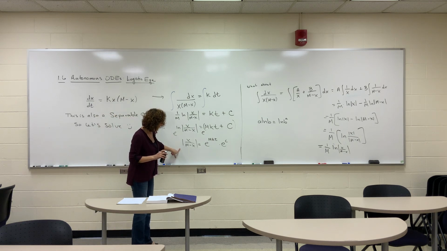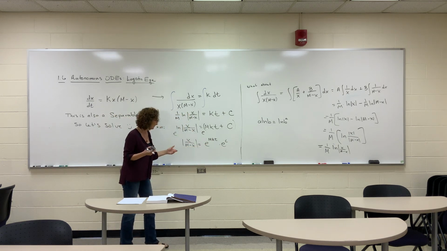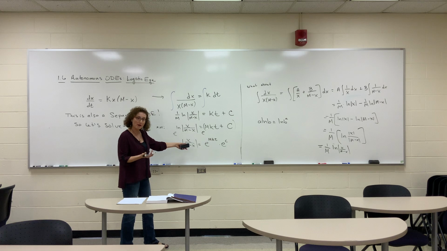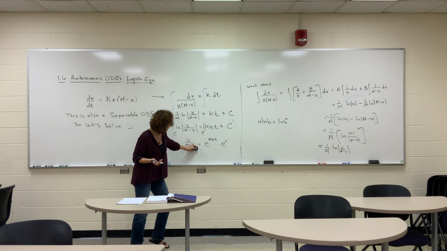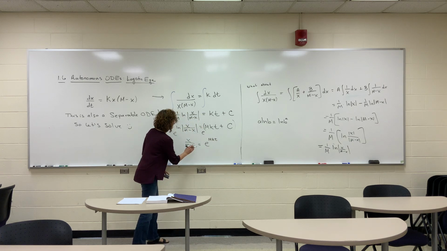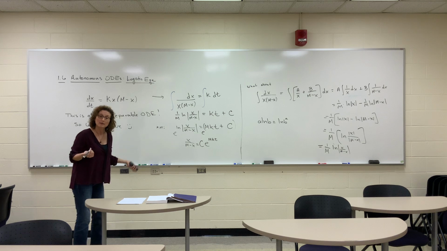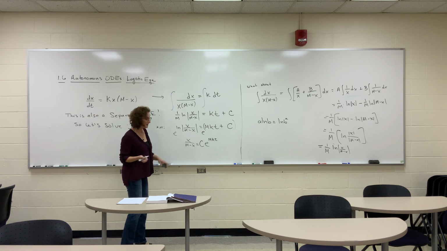But what do we want to do now, right? This side is positive, that side is positive, right? If we want to account for allowing for the fact that what's inside could be positive or negative and legitimately get rid of the absolute values, then we replace this guy with some other constant c, which could be positive or negative, and that takes care of it.